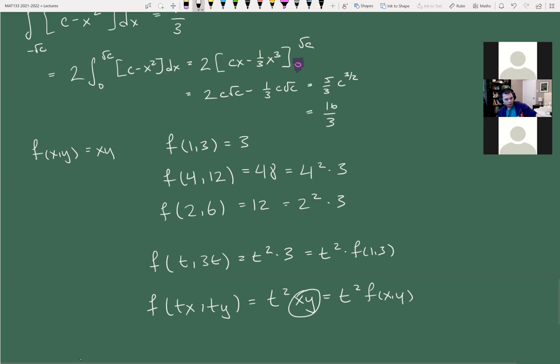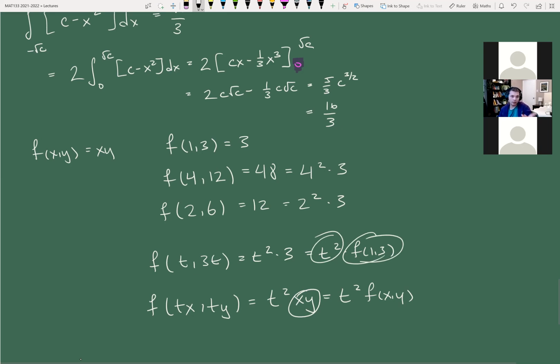So we've shown that if I give you the function f of x, y equals xy, and you give me one pair of numbers that works, and I multiply both of those numbers by the same number, then I don't have to recompute the entire function. All I have to do is multiply my first answer, f of 1, 3, by whatever t squared is, right?